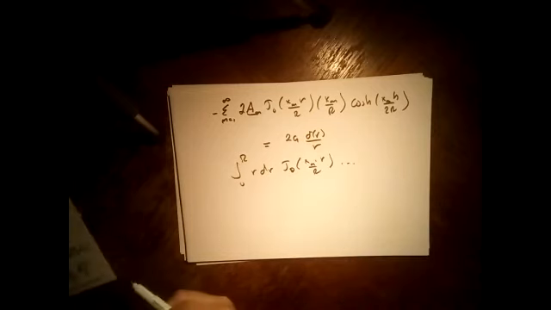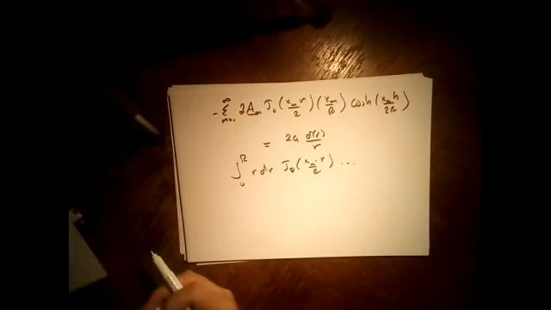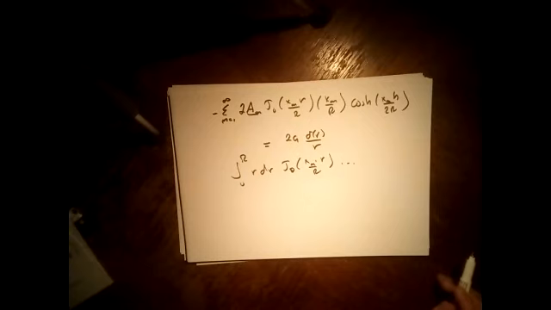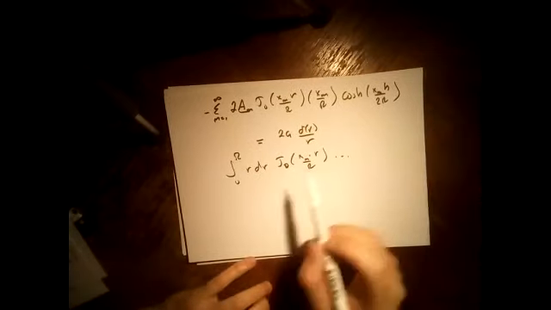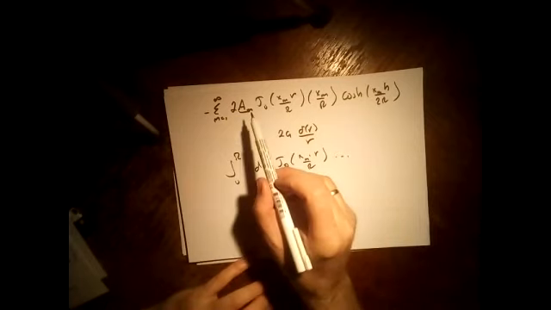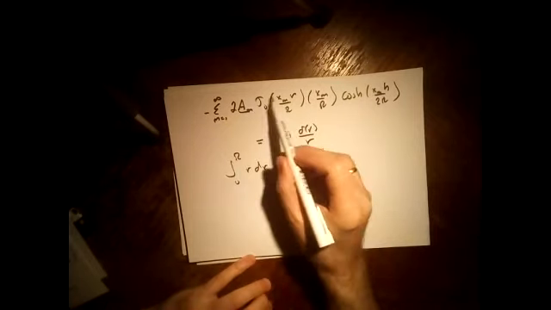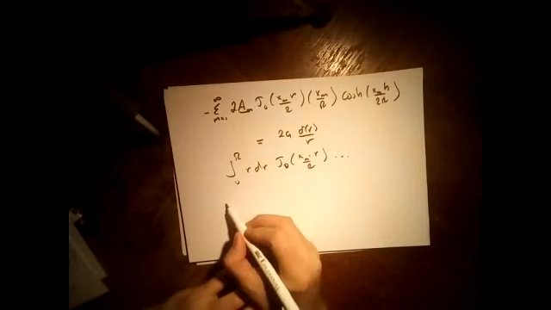I'm going to use the orthogonality of the Bessel functions, which I've written in a previous slide. If I apply this integral here, the only thing that depends on r is this Bessel function.